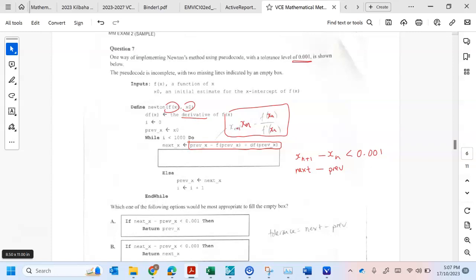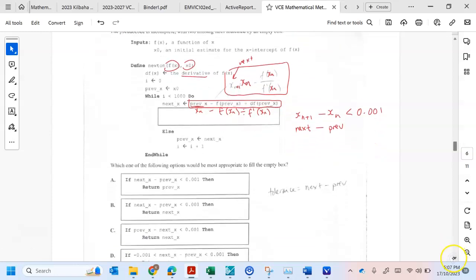So basically what this is saying is your next value is equal to your previous value here, so your xn, minus f of xn divided by your derivative of xn. It is just Newton's method of approximation written across the page for pseudocode.